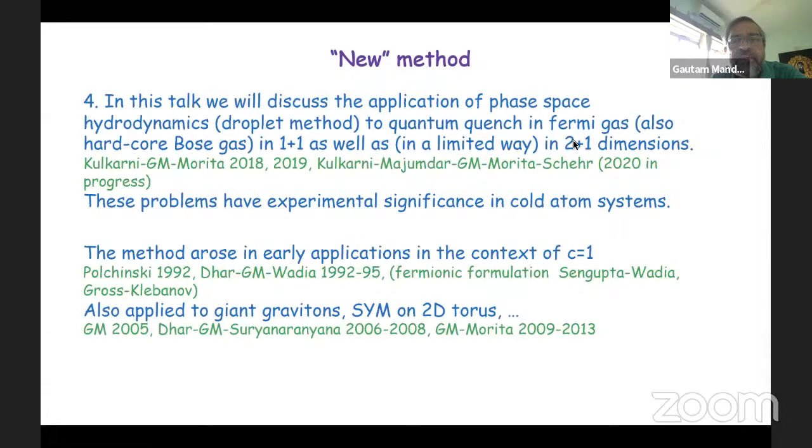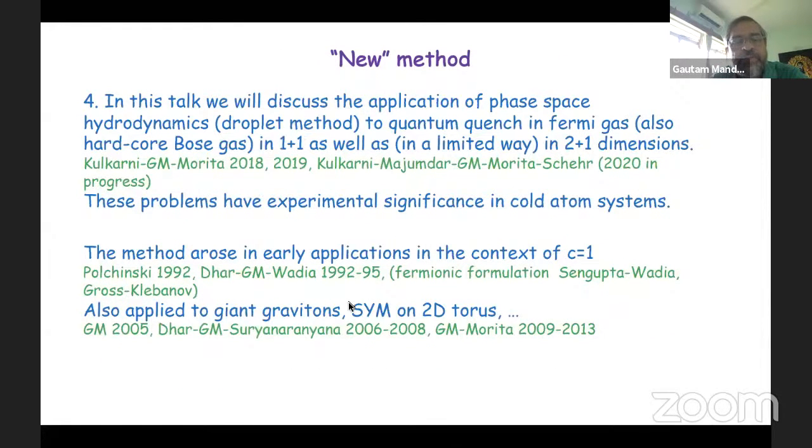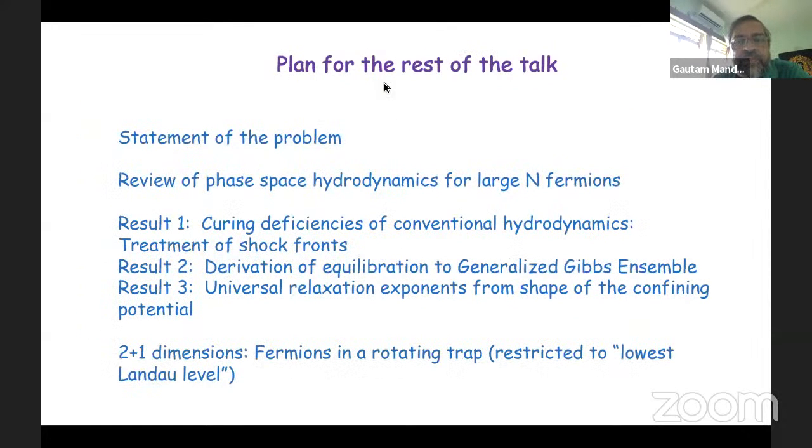We will borrow from the methods that were used in early applications in the context of C = 1. Phase-space hydrodynamics appeared in this context, and later it was applied to the story of giant gravitons and also in low-dimensional super Yang-Mills theories.